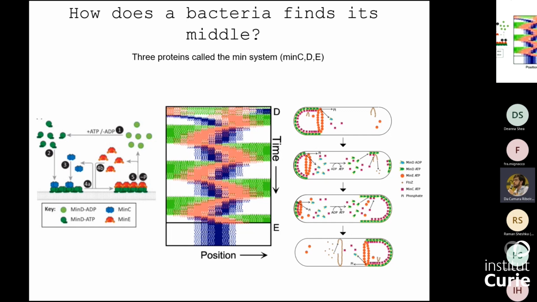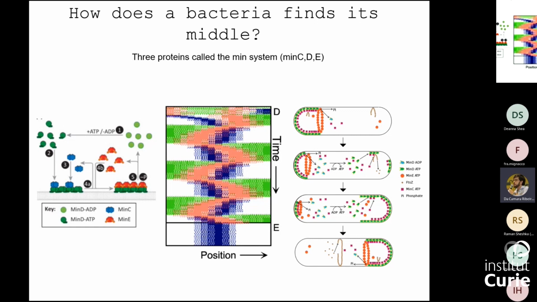Space being the long axis of the bacteria. So one, as you see, the green one, the one that was tagged beforehand, oscillates from pole to pole, and the other one tries to follow. And you have a third one that, by trying to follow this oscillation, in the end, if you integrate its concentration over time, you precisely discover the middle of the bacteria.